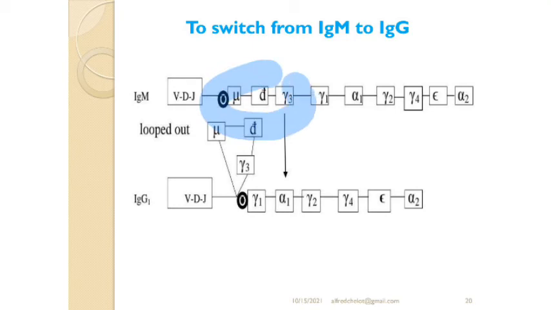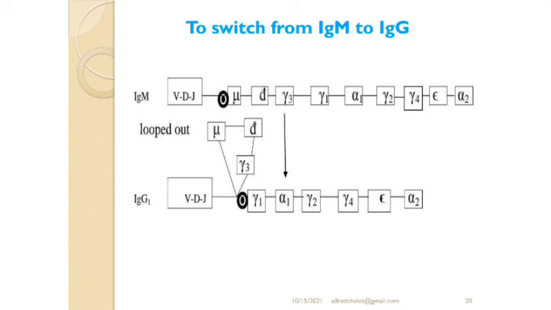As you can see here, once the switch regions have been activated, the portion is going to loop out. Then the looped out portions will be excised and degraded. So in this mechanism, we can switch from immunoglobulin M to immunoglobulin G, A, or even immunoglobulin E.